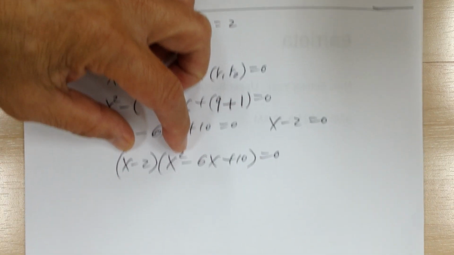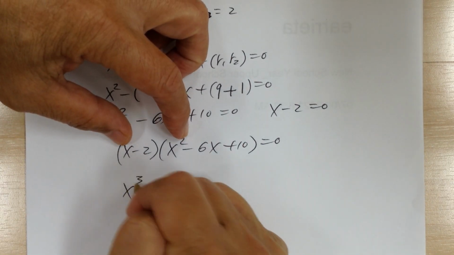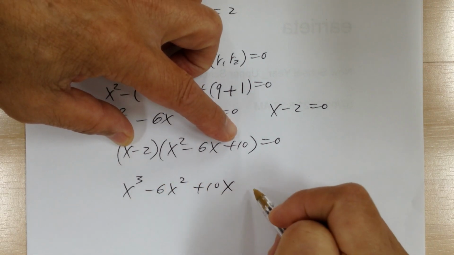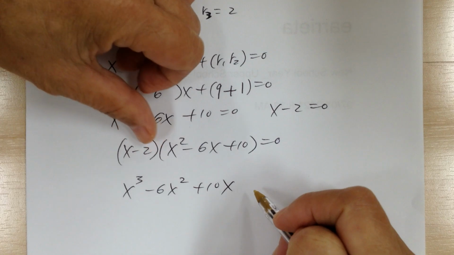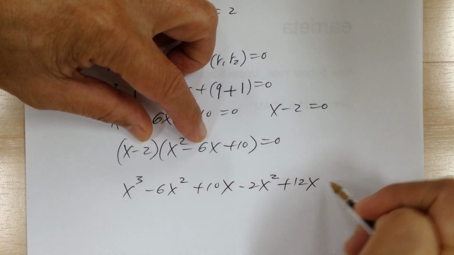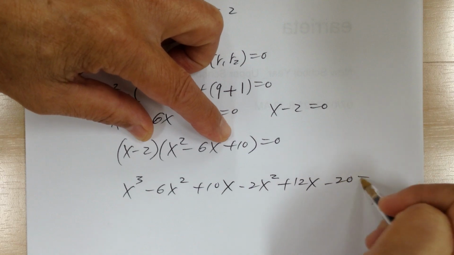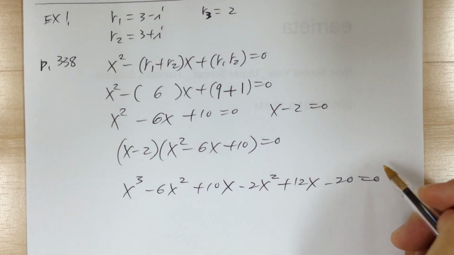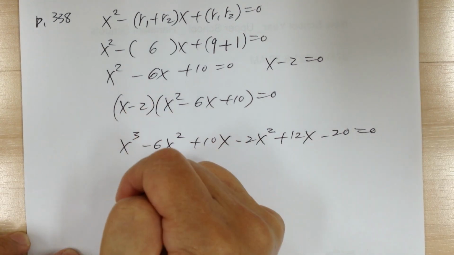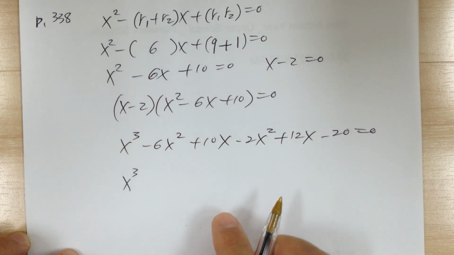Again, use your fingers. So multiply, I get x to the 3 minus 6x squared plus 10x. I'm done with this one, so I'm going to the next one: minus 2x squared plus 12x minus 20 equal to 0. Then I'm going to collect my like terms. There are no like terms for x cubed, so let's leave it by itself.